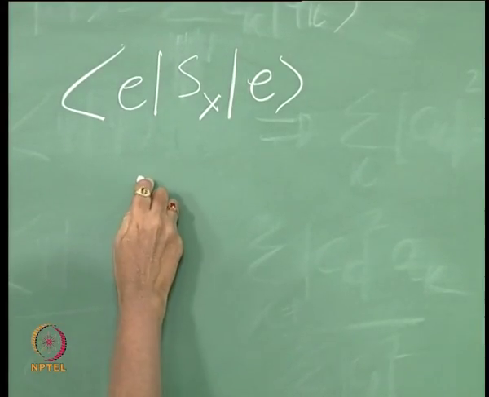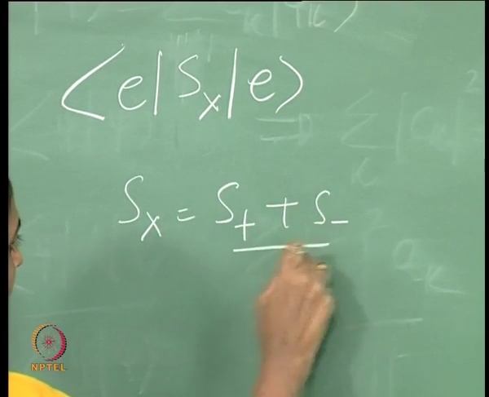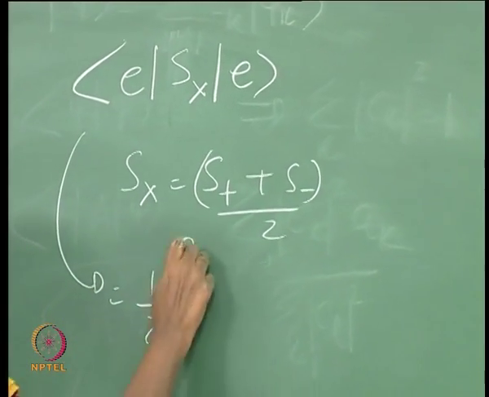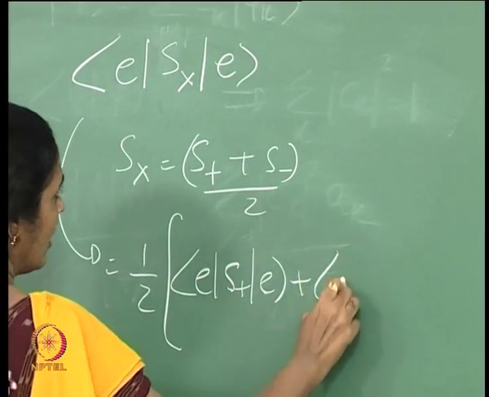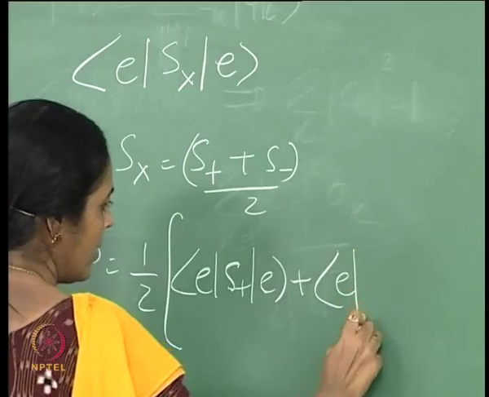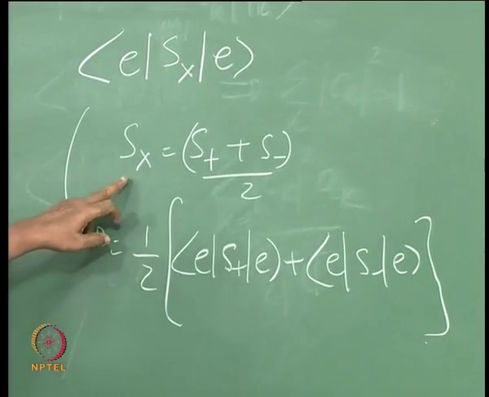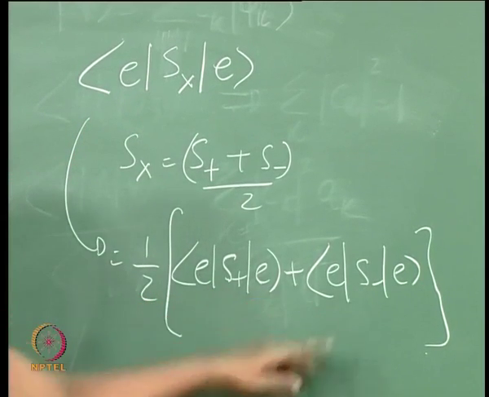Now this is simply done because Sx, you will recall, is S plus S minus by 2, and therefore this quantity is simply half of E S plus E plus E S minus E. So computing the expectation value of Sx reduces to finding out these expectation values.